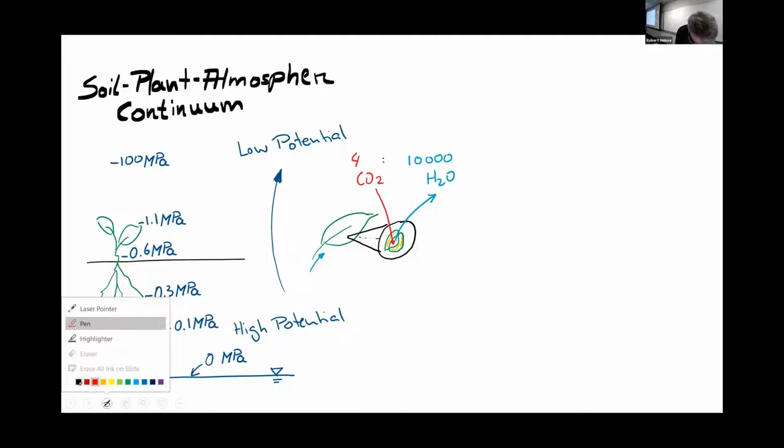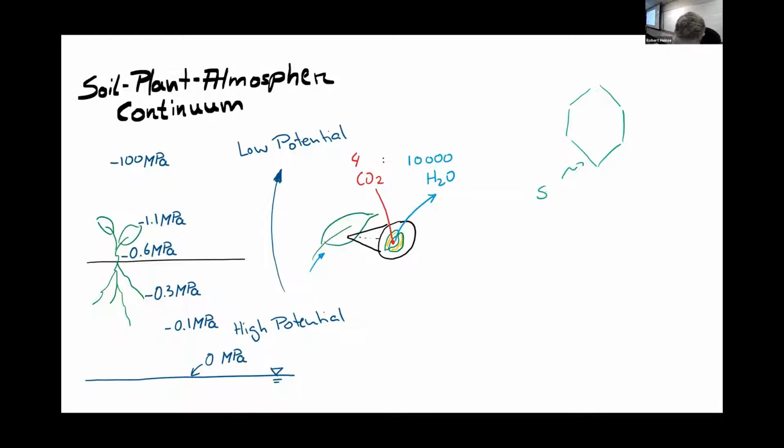And the way this works in a nutshell, let's use green, is that you have cells. And these cells have semi-permeable membranes. Meaning they exclude ions going one way, but they don't exclude water.